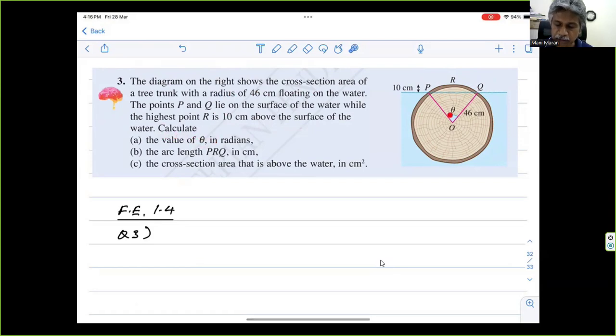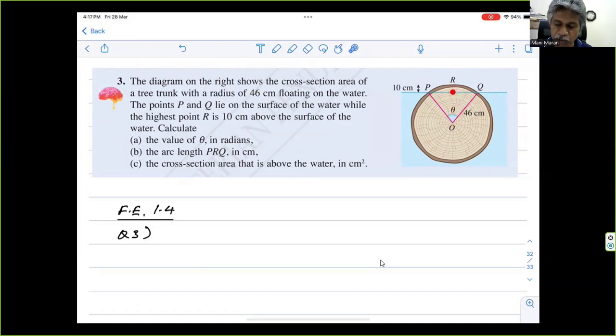What is this angle? So if you try to plan how to solve this problem, you'll notice that radius is given 46 cm. This radius is also the same as radius from O to R. So if you draw a vertical line, this will also be equal to 46 cm. But the distance from R to the surface of the water here is 10 cm.